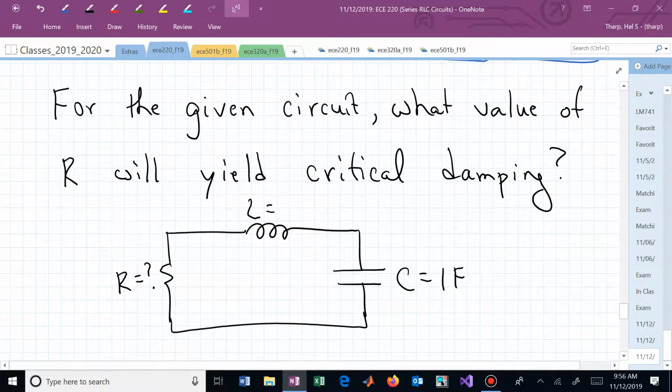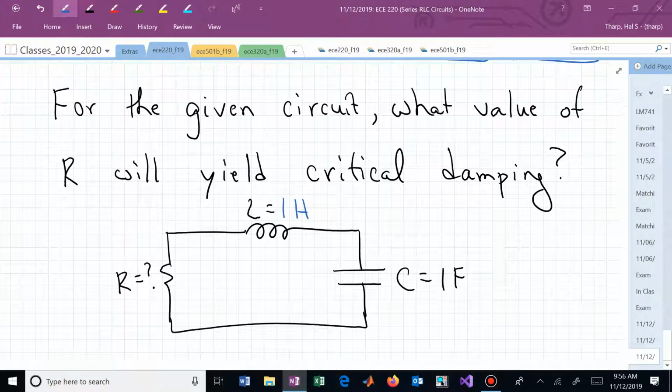Let's now go back to our series RLC, and let's say that we now have a 1 Henry inductor, a 1 farad capacitor, and I want to actually select an R that will give me critical damping.